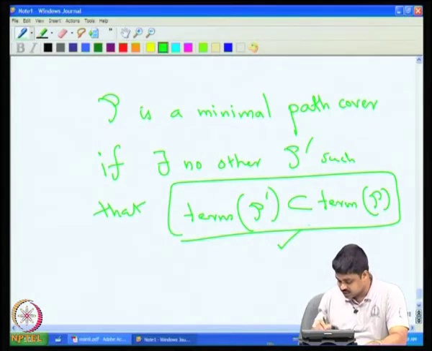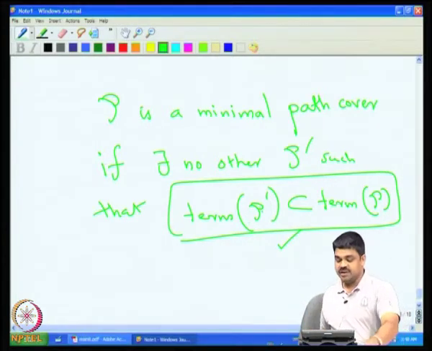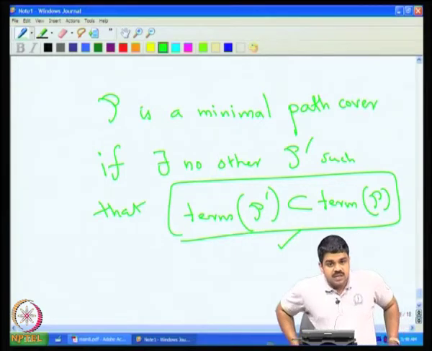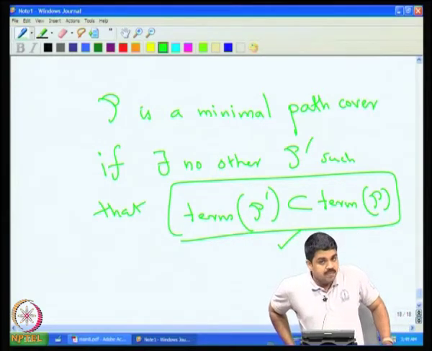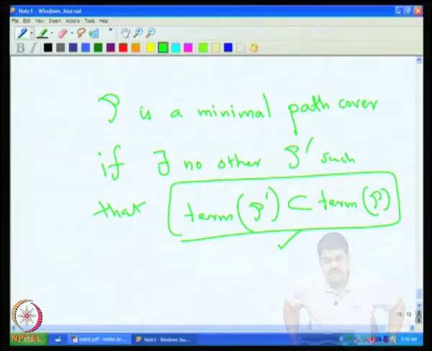That subset condition is with respect to the terminal vertices. That means P is a minimal path cover if you cannot find any other path cover in G such that the set of terminal vertices of the second is a proper subset of the original one. For it to be a proper subset, it has to be smaller, and the path cover itself has to be smaller in cardinality.